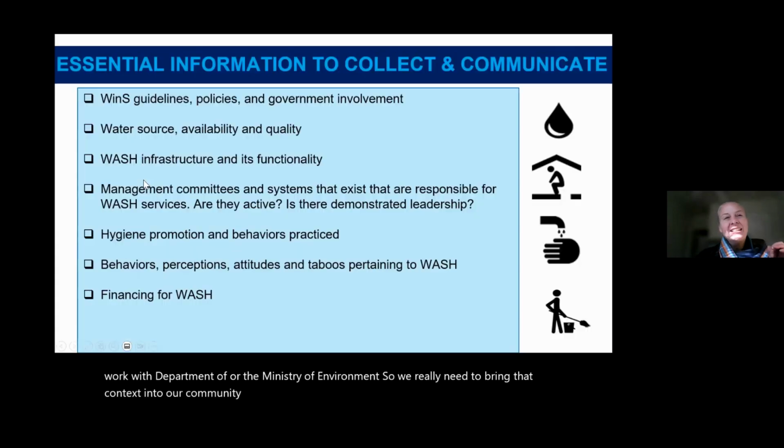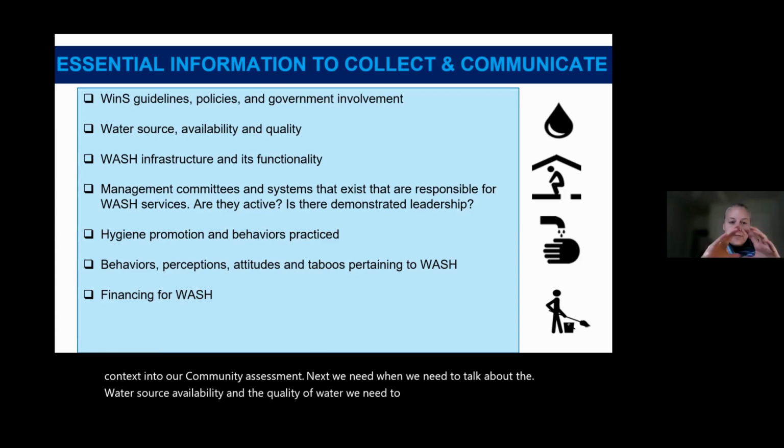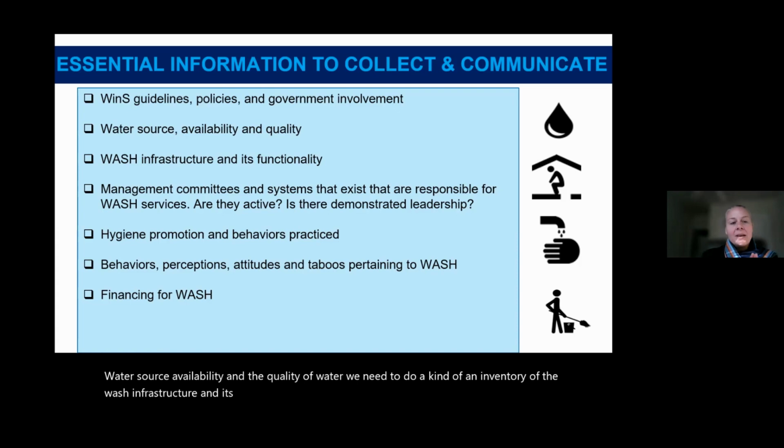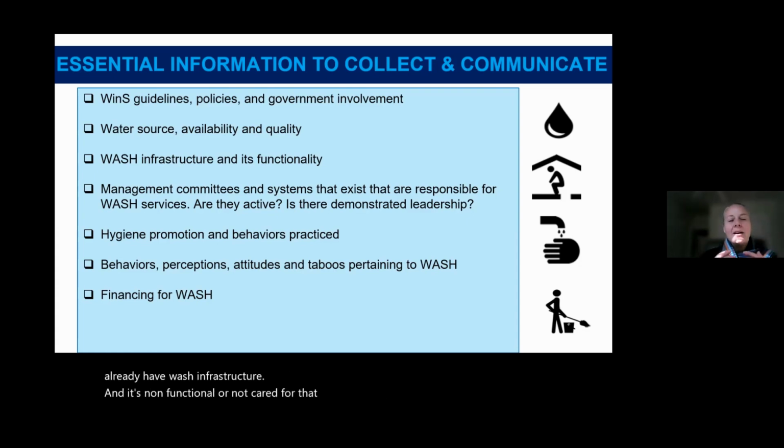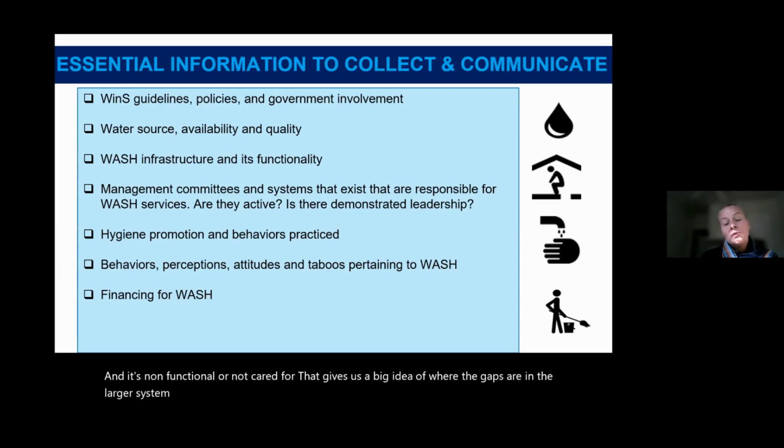Next, we need to talk about the water source availability and the quality of water. We need to do an inventory of the WASH infrastructure and its functionality, because if they already have WASH infrastructure and it's non-functional or not cared for, that gives us a big idea of where the gaps are in the larger system that we're proposing to work in.